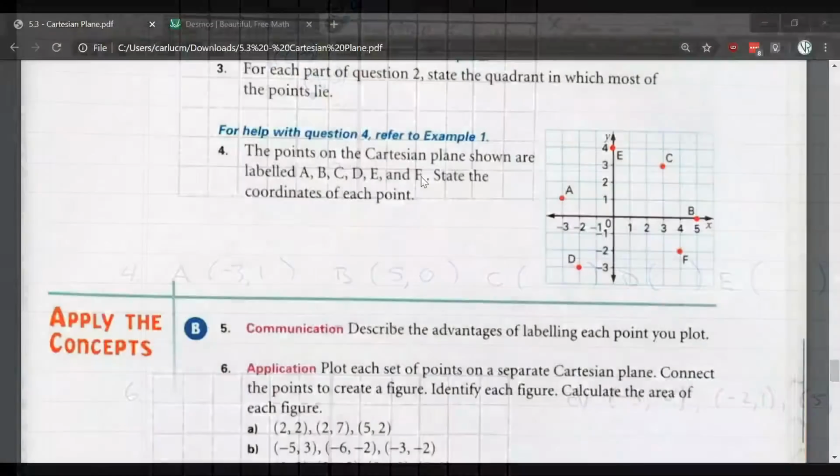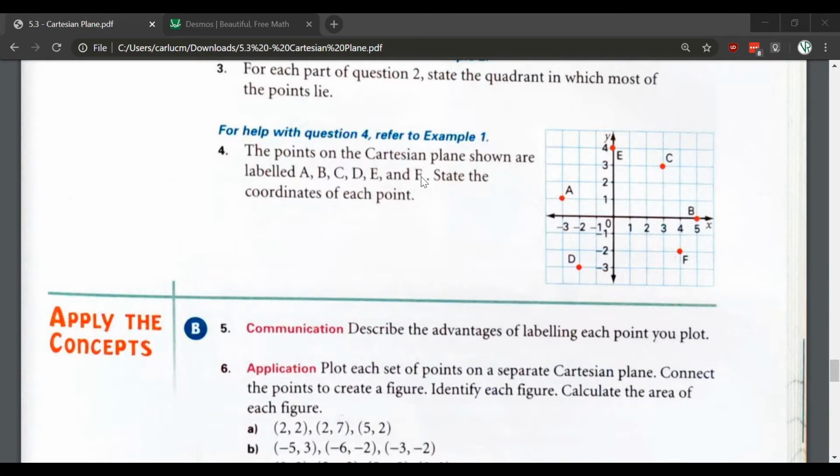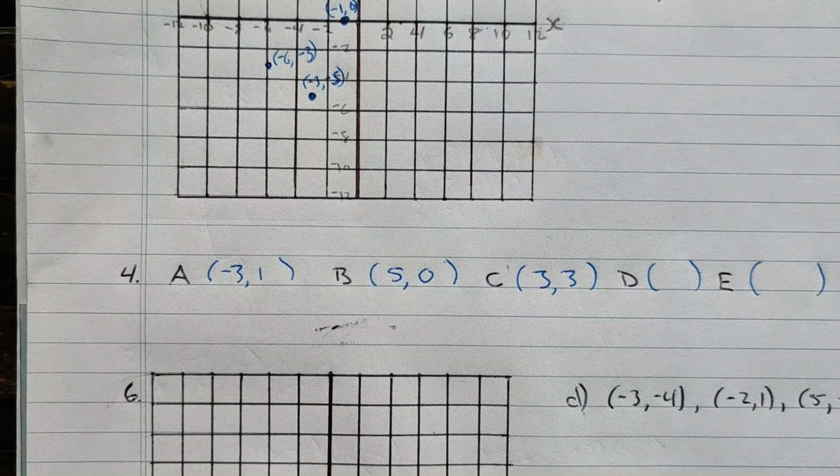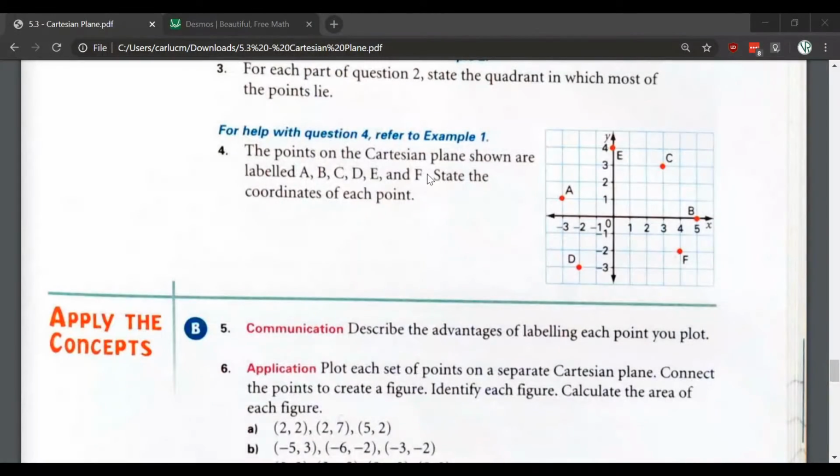The next point, C, on the x-axis, it matches up with 3, and on the y-axis, it matches up with 3. So the coordinates are 3, comma, 3. And so that looks like that. The next one, D, is over to -2 on the x-axis and down to -3.